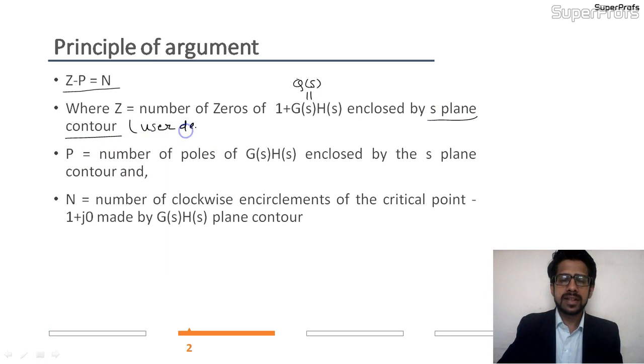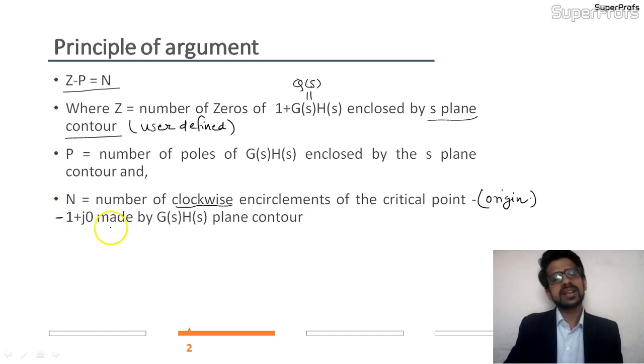This can be any contour. P is the number of poles of G of S H of S enclosed by the S-plane contour, and N is the number of clockwise encirclements of the critical point, which is nothing but the origin. So N is the number of clockwise encirclements around the origin, which is not 1 plus J0, it should be minus 1 plus J0.